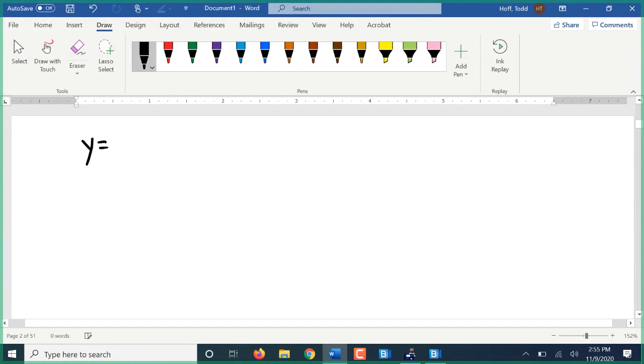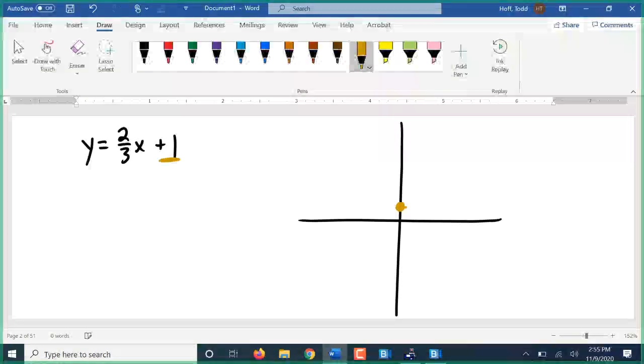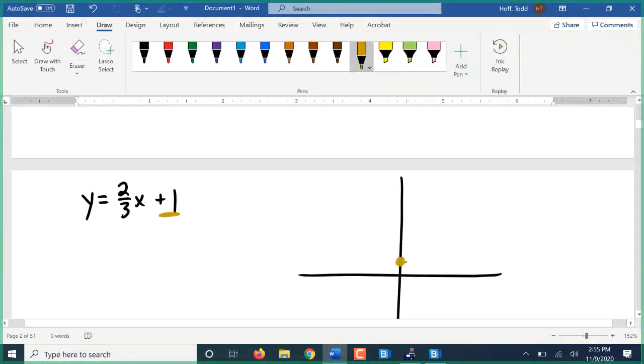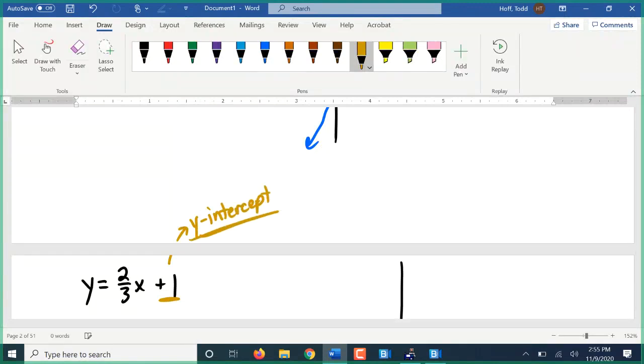So we might have y equals 2/3 x plus 1. So the plus 1 is telling me from the origin, I go up 1. That's actually my first point on the graph. That's actually referred to, by the way, as a y-intercept. That's where it intersects the y-axis.